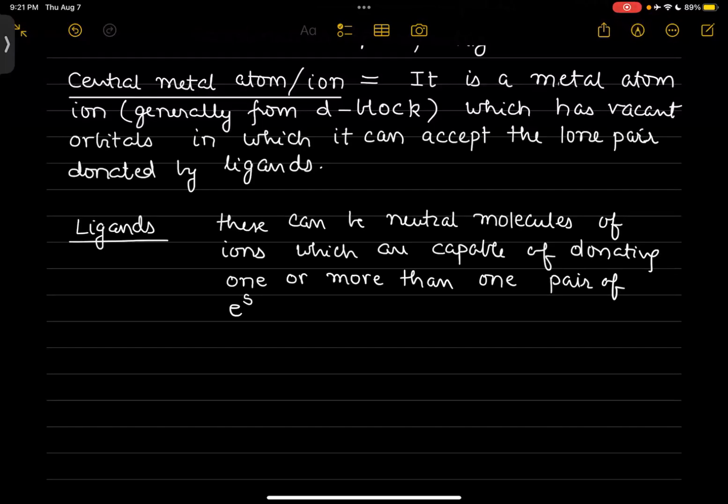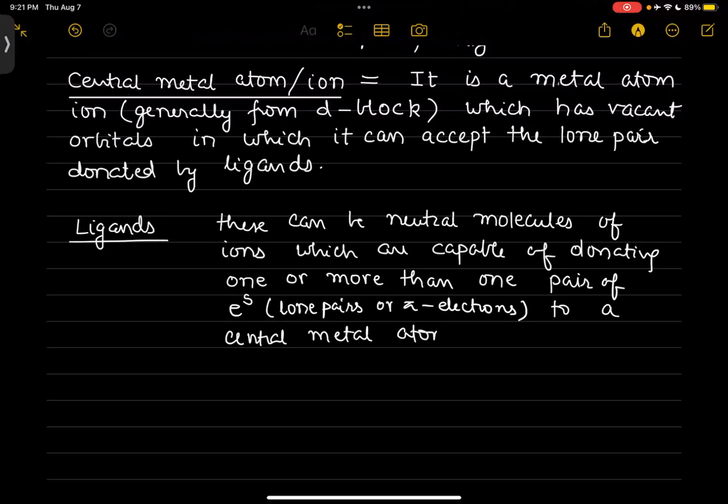Which can donate one or more than one pair of electrons, meaning lone pairs or pi electrons, to a central metal atom or ion.